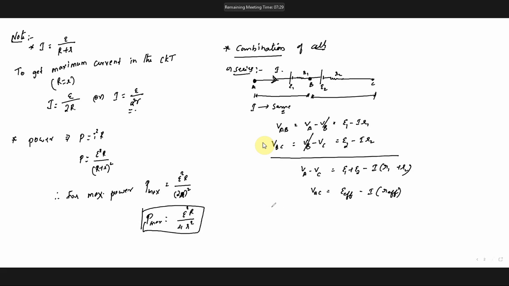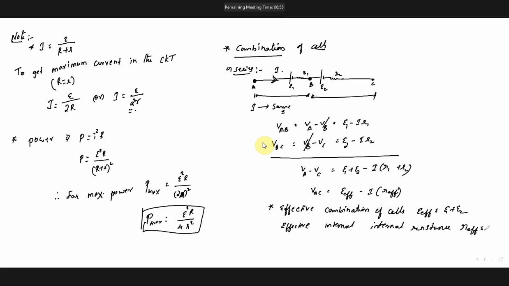Therefore, for the effective combination of cells, E effective is equal to E1 plus E2. Please remember the effective internal resistance: R effective is equal to R1 plus R2.